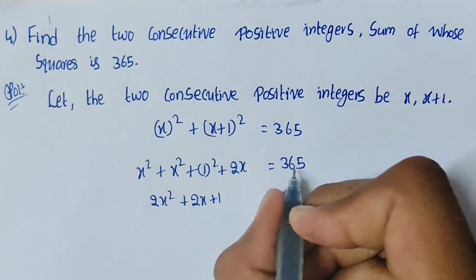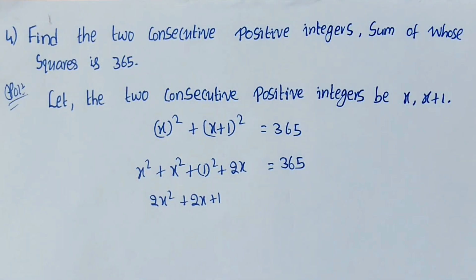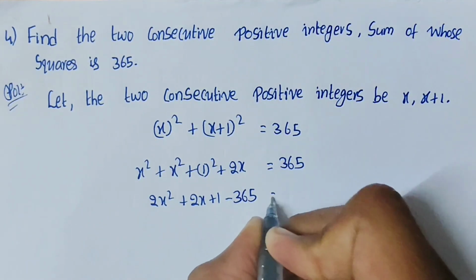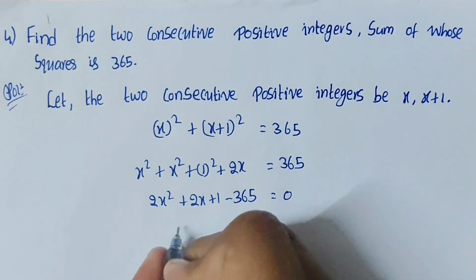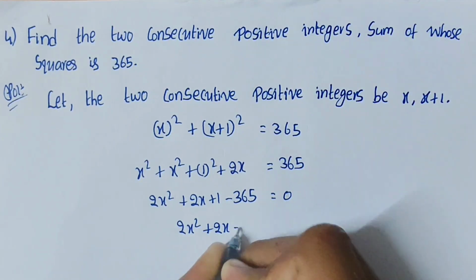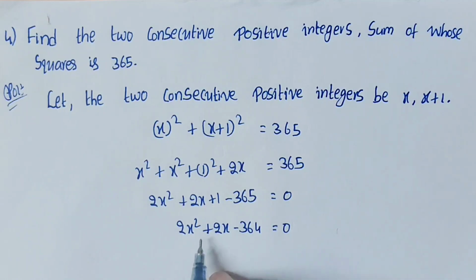If we transpose plus 365 to the left side, then it becomes minus 365 equals 0. Here 2x square plus 2x minus 364 equals 0.